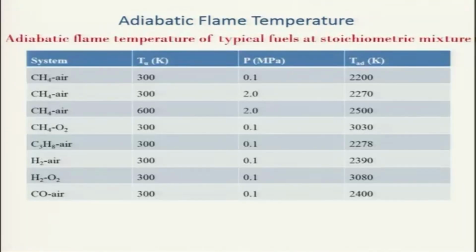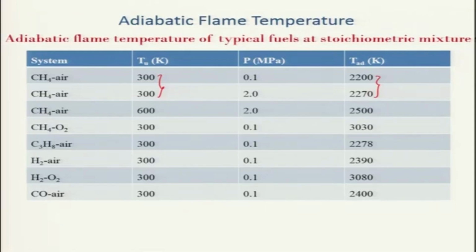So, let us look at the adiabatic flame temperature of typical fuels at a stoichiometric mixture for various combinations. In the first two, what is shown in this table is methane air with the same unburnt temperature or inlet temperature of 300 Kelvin, but the pressure has been increased from 0.1 to 2, something around 20 times, but the temperature increase is very small, something around 70 Kelvin, which is negligibly small.